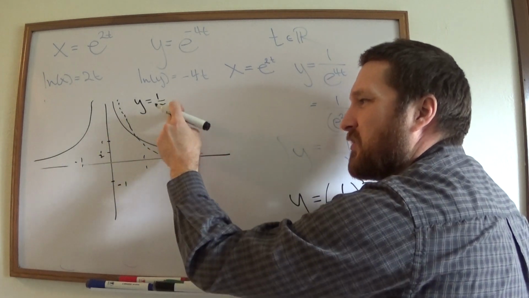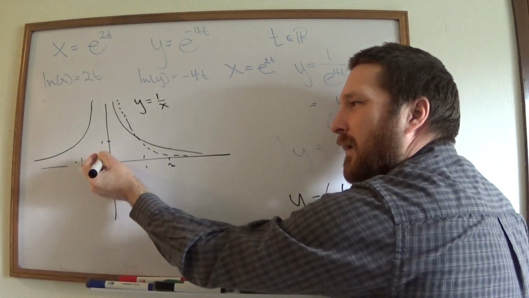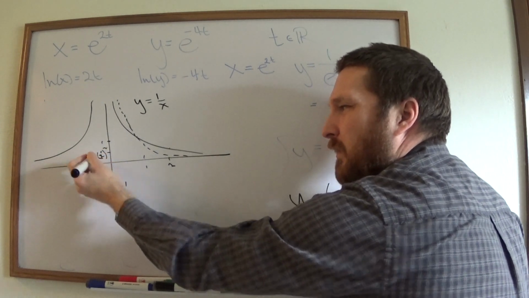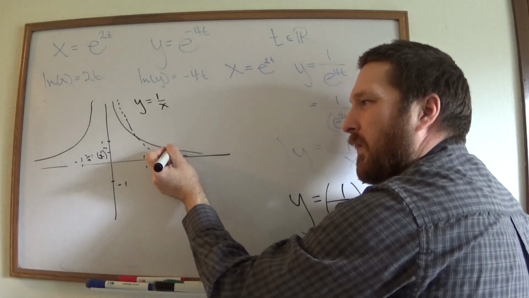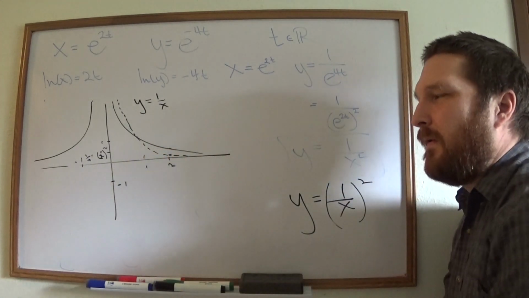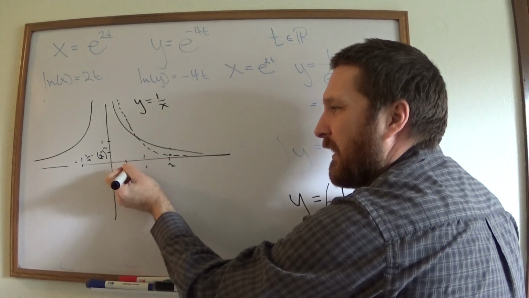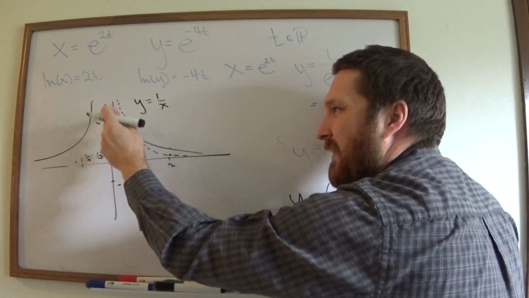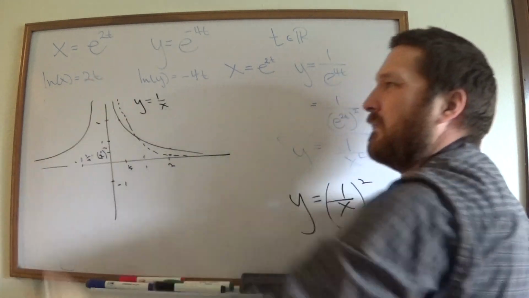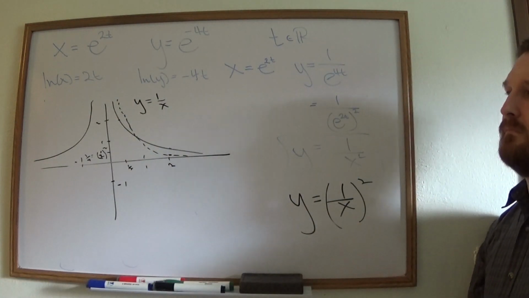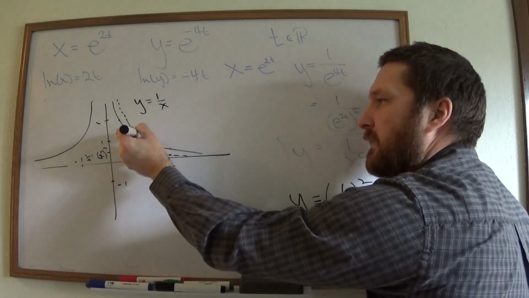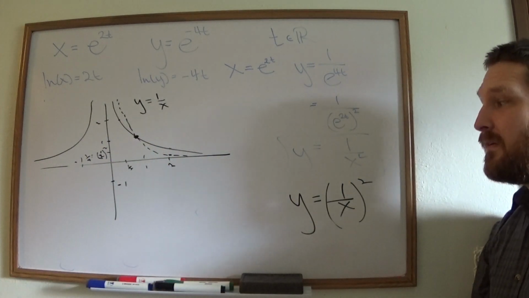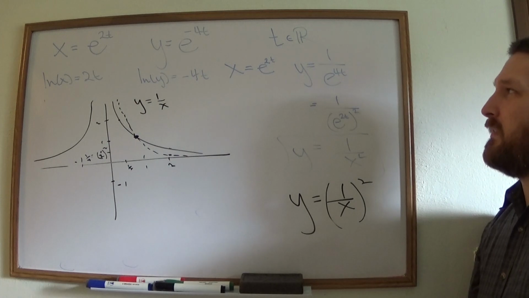But now you're taking it and squaring it, and when it's less than 1, you square something that's less than 1, and it gets smaller. So this drops down from 1/2 down to 1/4. Whereas over here, plug in a half, you get out a 2, and then when you square that, it jumps up to 4. So the 1 stays put, because 1 over 1 is the same thing as 1 over 1 squared.